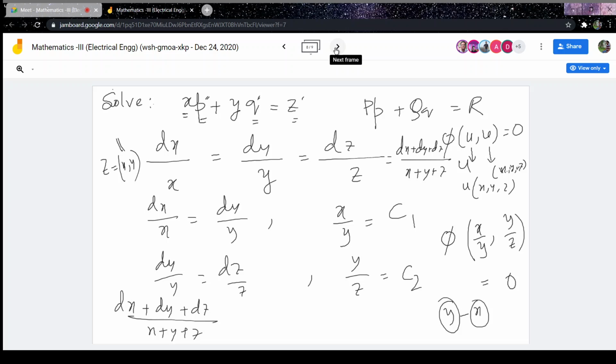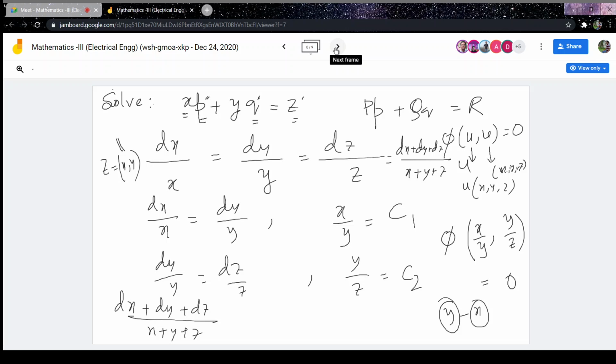And I can find out, by equating to this, another u. Sometimes these equations are not so easy to solve, so we have to multiply by some multiplier so that our integration is easier. That is the only objective.